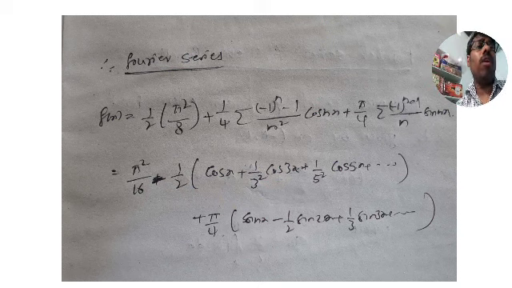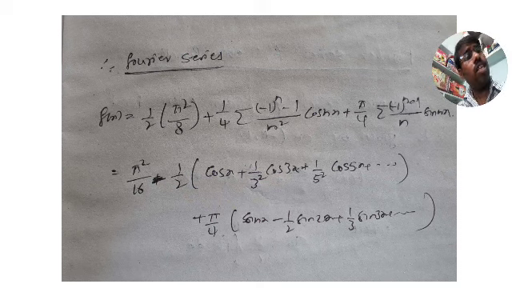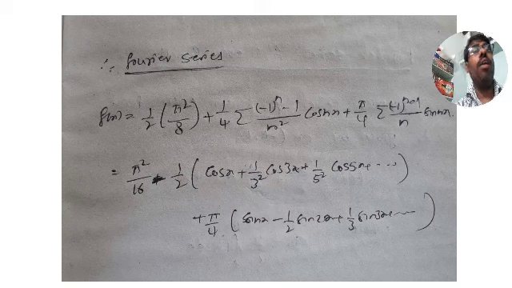So what is the point we learned here? In case of a discontinuous function, we have to divide the single integral into a number of integrals, as the function is defined. In the same way we have to divide the single integral into a number of integrals and do the integration, and substitute a0, an and bn values in the Fourier series formula so that you can expand the given discontinuous function in a Fourier series.